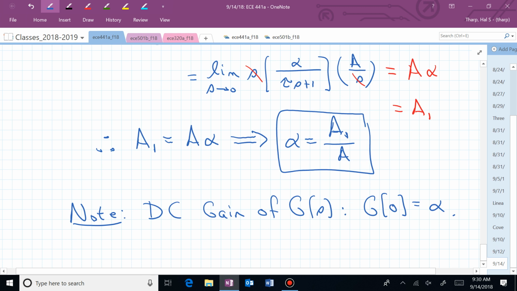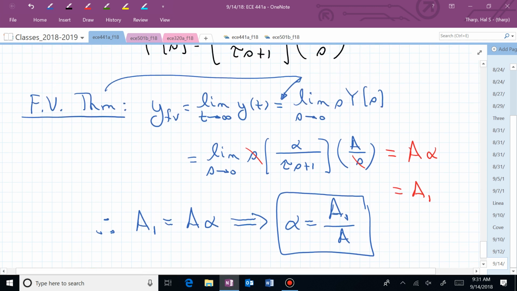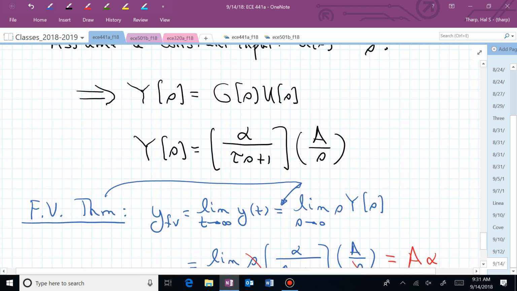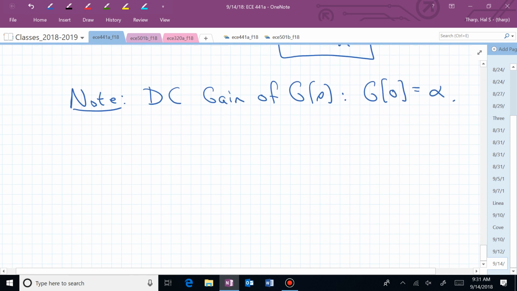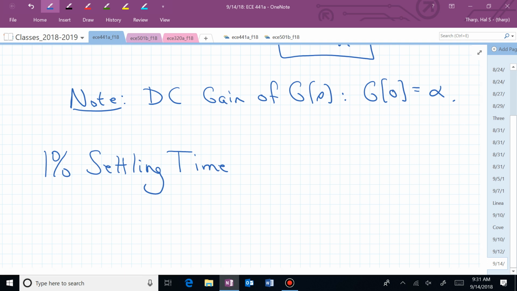And look what happens. What happens in the steady state if we have a stable system? We simply scale what we put in, A, by the DC gain, alpha. And that takes us to what we measure, which was A sub 1. So now we have one of the two unknowns in our transfer function G of s. We found alpha. And from our 1% settling time relationship, we find where we end up, and we say, when did we get within 1% of that final value?